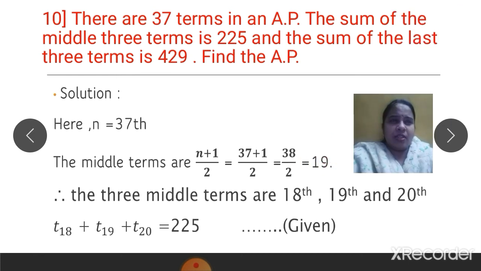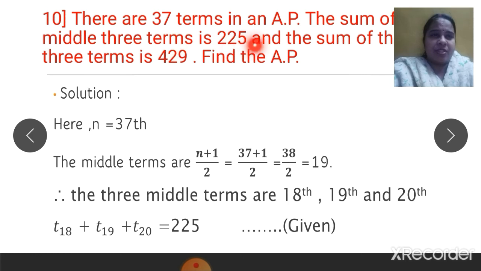Then what is told? The sum of the middle 3 terms, right? So 19th is exactly the middle term. The previous one to it and the one later to it will be the middle 3 terms. I hope you are understanding it. 19th is exactly the middle term, but they want the middle 3 terms. So I cannot take 19, 20, 21. 19th is exactly middle, so 3 terms I want.